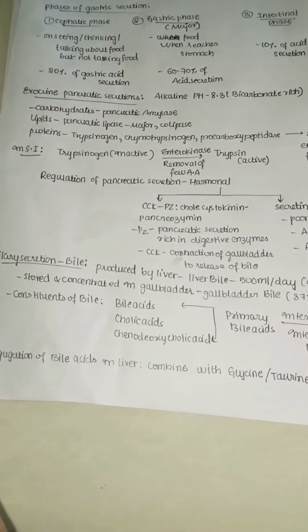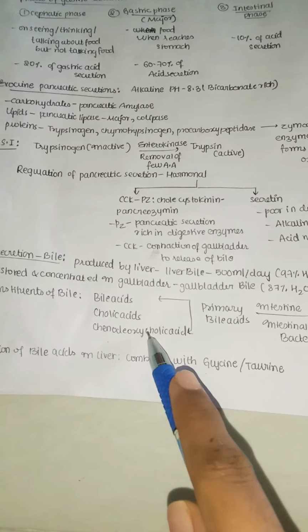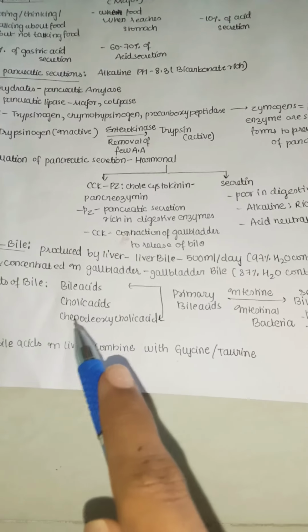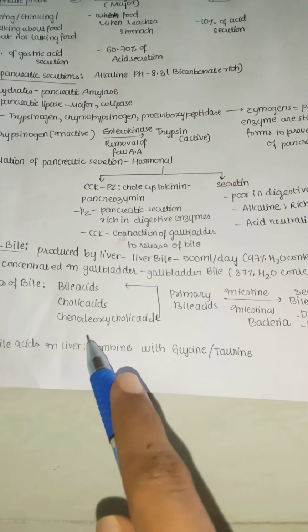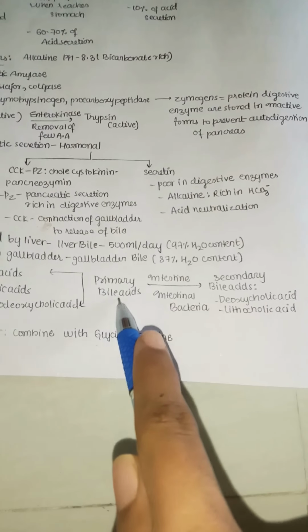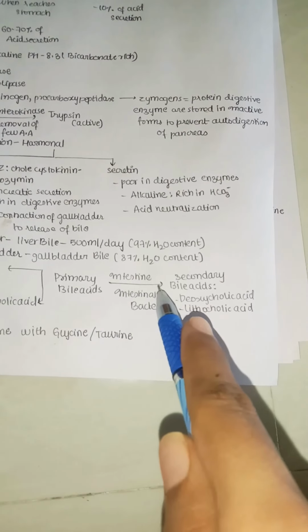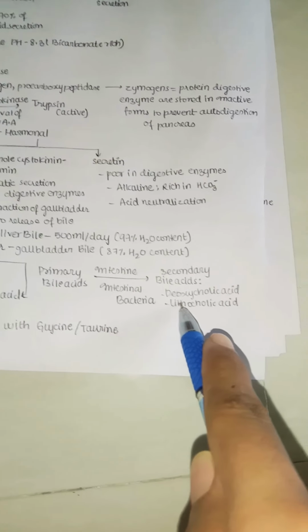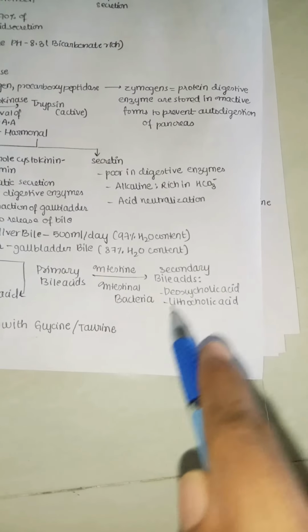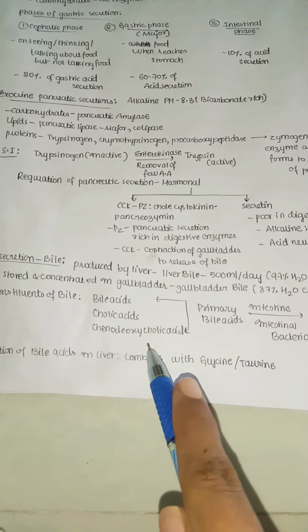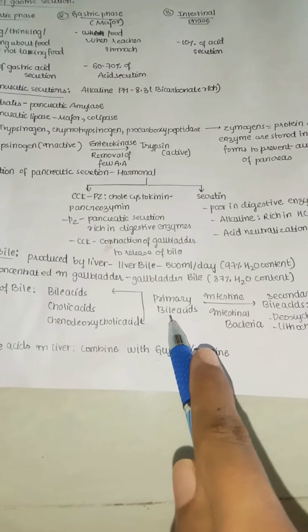Now what are the constituents of bile? Bile mainly has bile acids, bile salts, and biliary pigments. Let us see what bile acids are. Bile acids are cholic acid and chenodeoxycholic acid, and these are the primary bile acids.